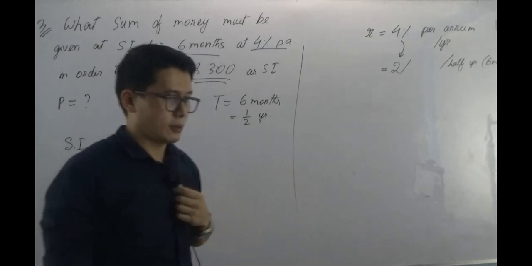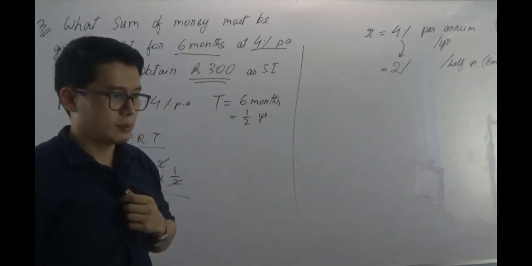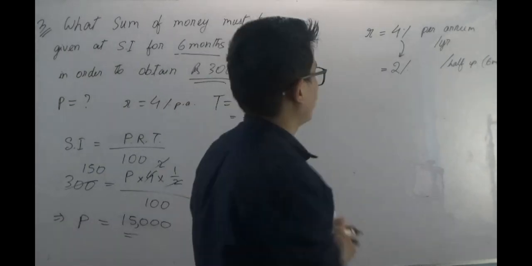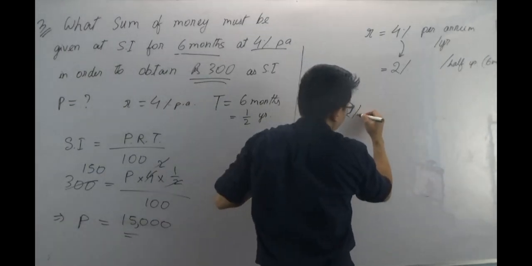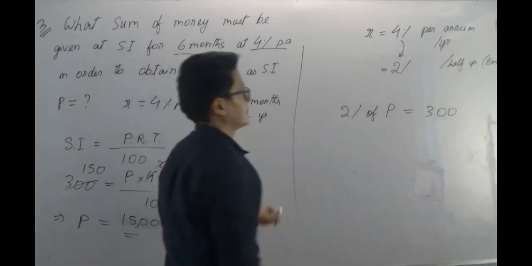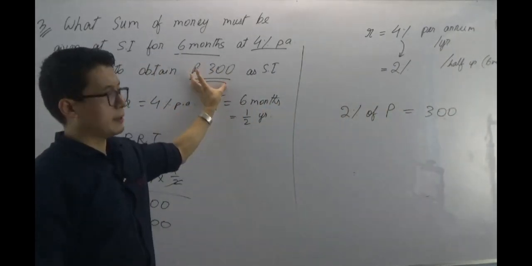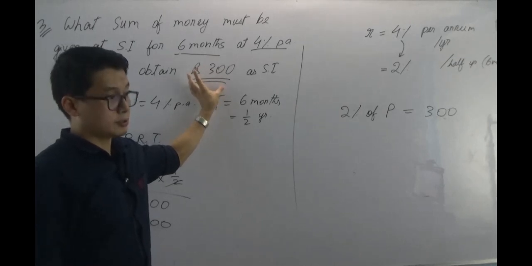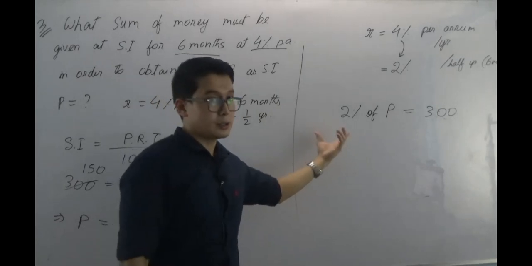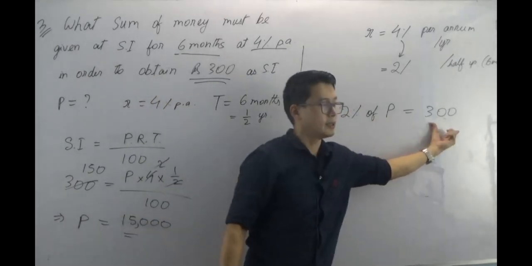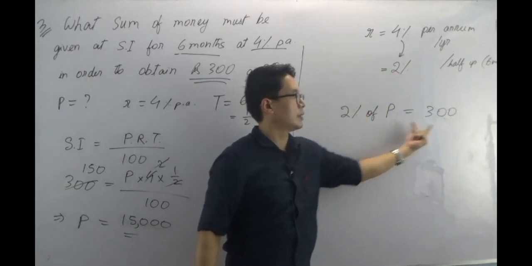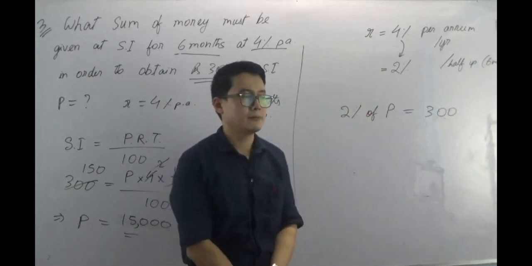Is this fine or not? Okay, now can I say that 2% of the principal is equal to 300? This 300 is for half a year, the interest for half a year. So 2% of P is 300.